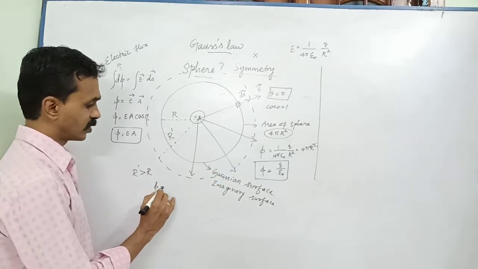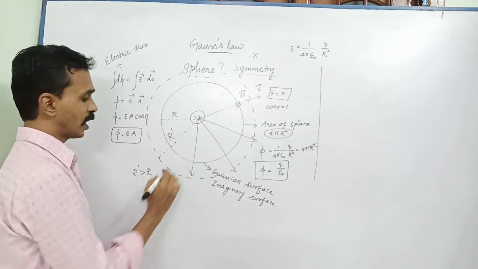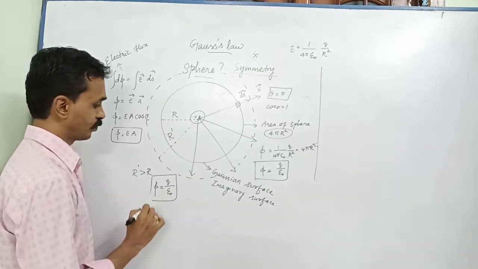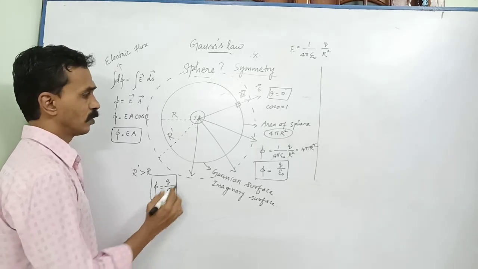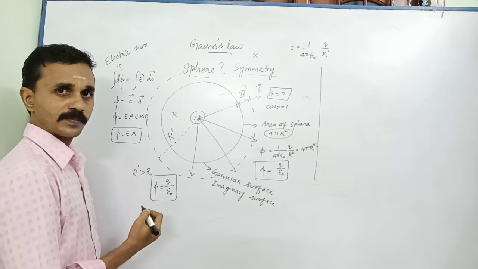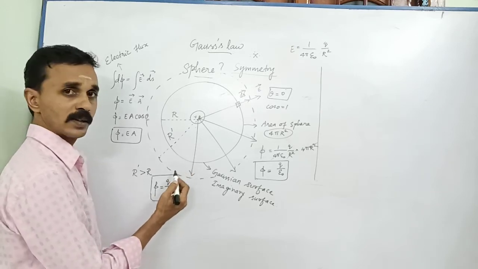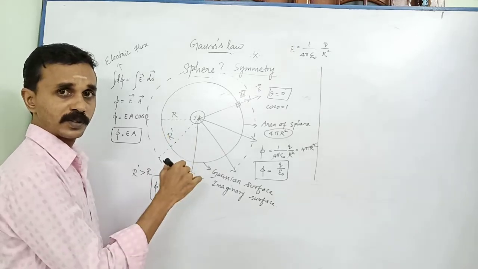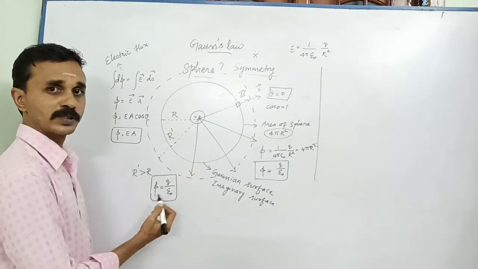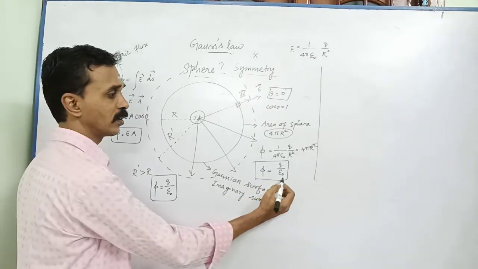Again, the flux is equal to the same charge q upon epsilon naught. So the flux remains constant, even if you consider the sphere having a greater radius. This is because the equation doesn't involve r.